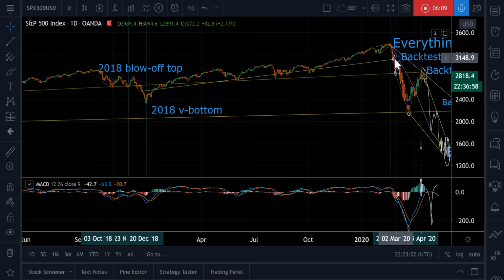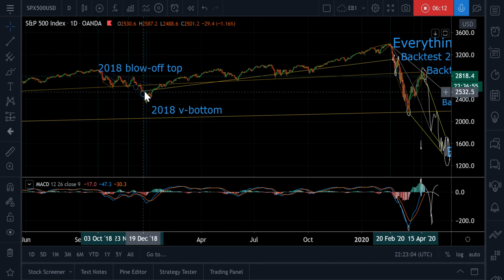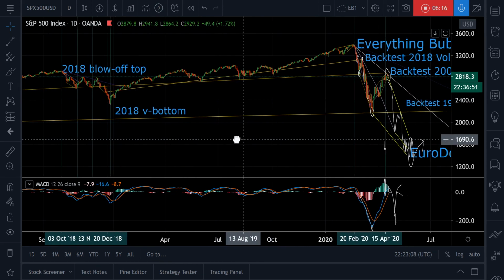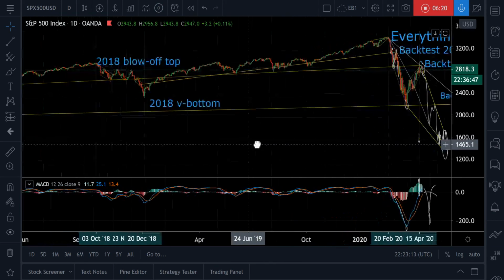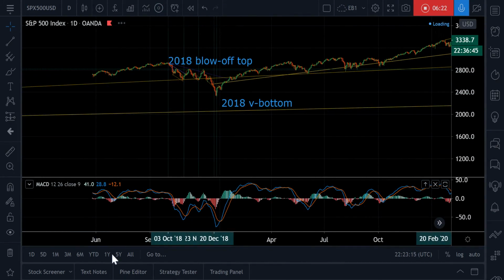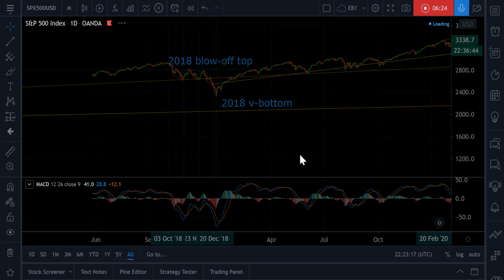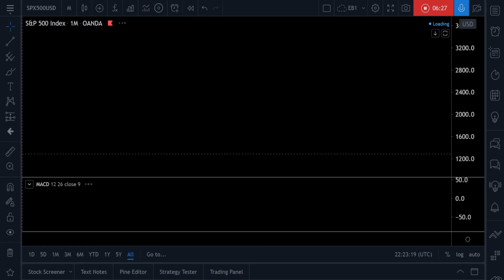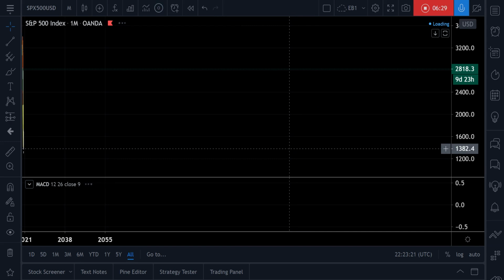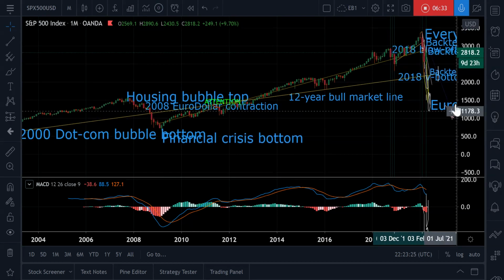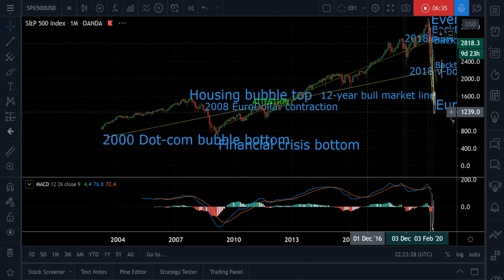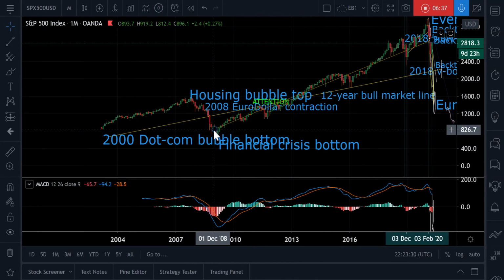So you can see that this top trend line comes to the consolidation area on Volmageddon, and then this second one is the financial crisis trend line, and it goes back, let me go out to like the all-time. So you can see the financial crisis trend line goes to here at the bottom of the financial crisis.